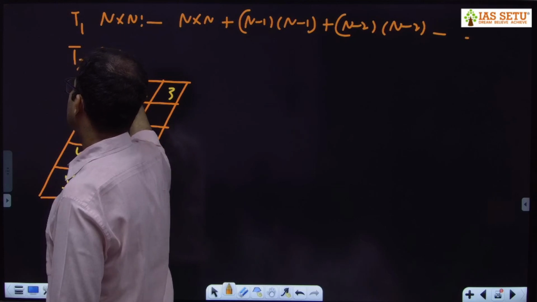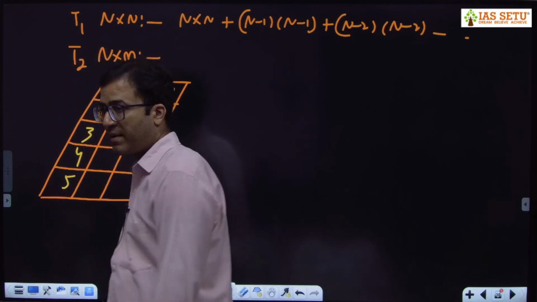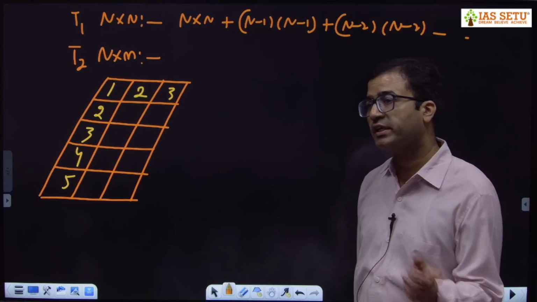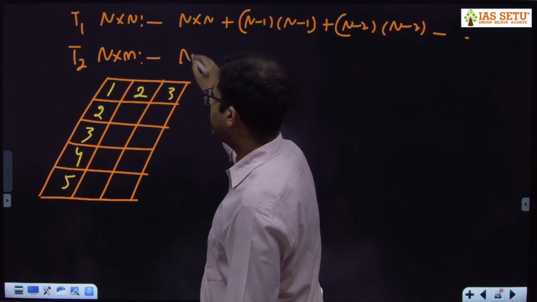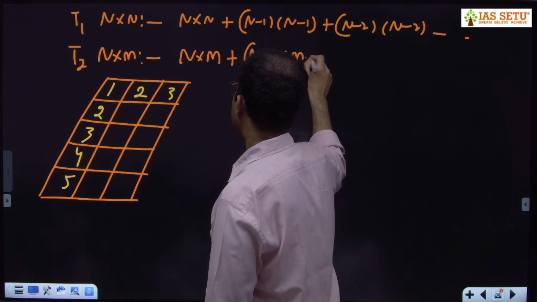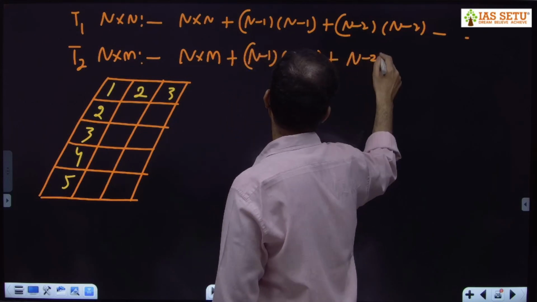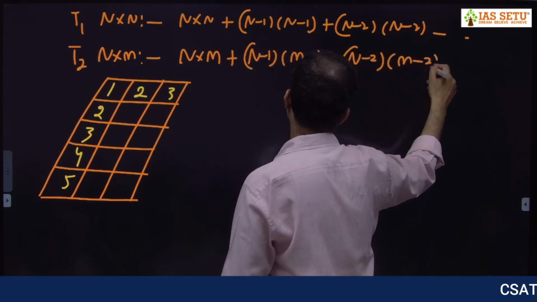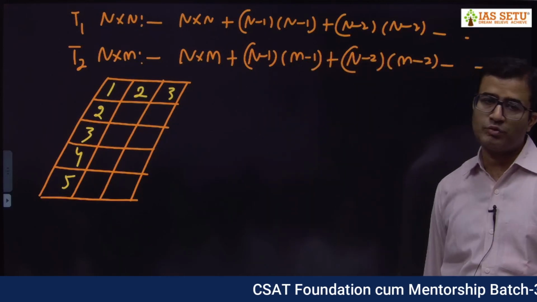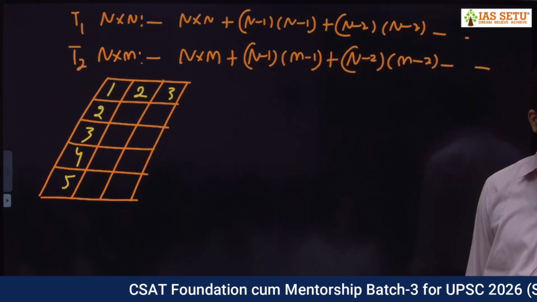Type 2, n by m. Same. What is the short trick in case of square? n into m plus n minus 1 into m minus 1 plus n minus 2 into m minus 2 and so on. Start with the given value n into m, जो दिया है उसी से start, और एक एक subtract करके multiply कर.